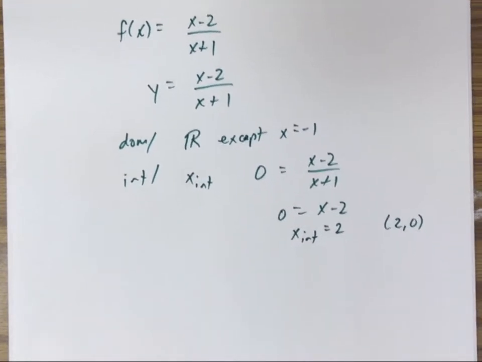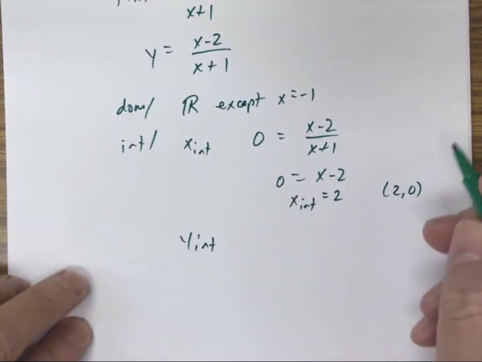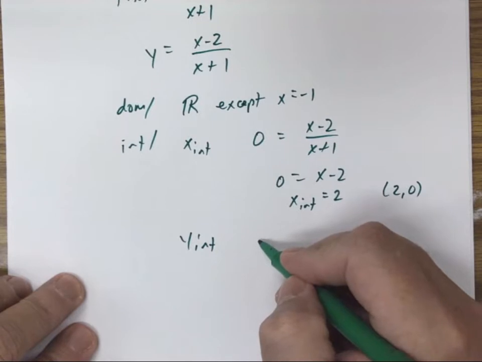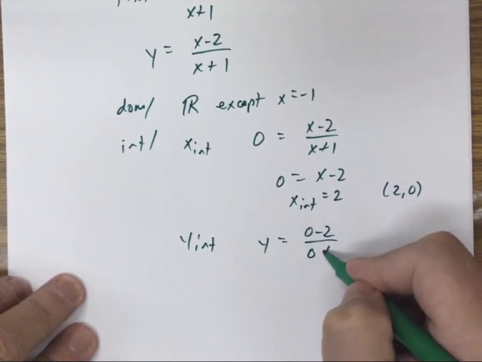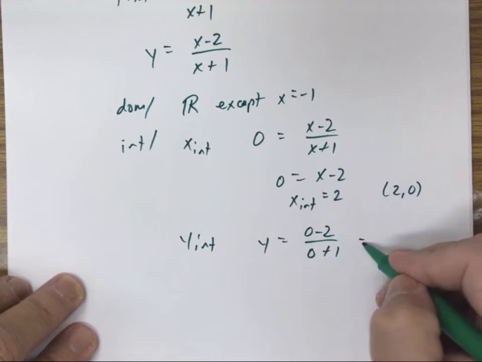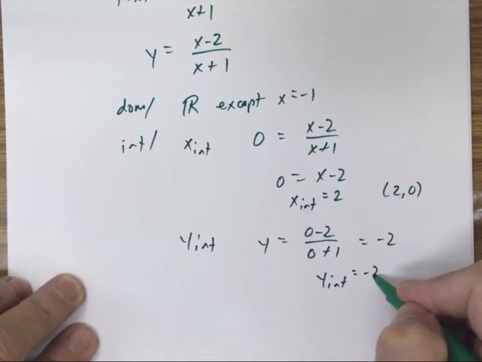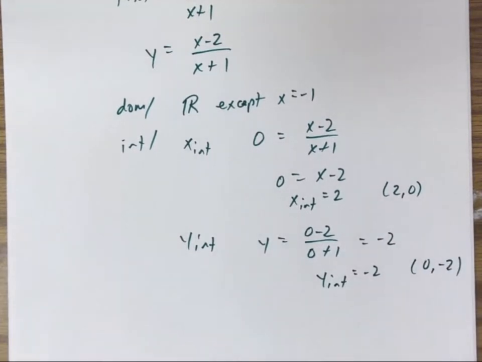So when I get ready to graph it, how about y-intercepts? So you set all the x's equal to 0. Looks like I have a y-intercept of -2, which translates to the point (0, -2).